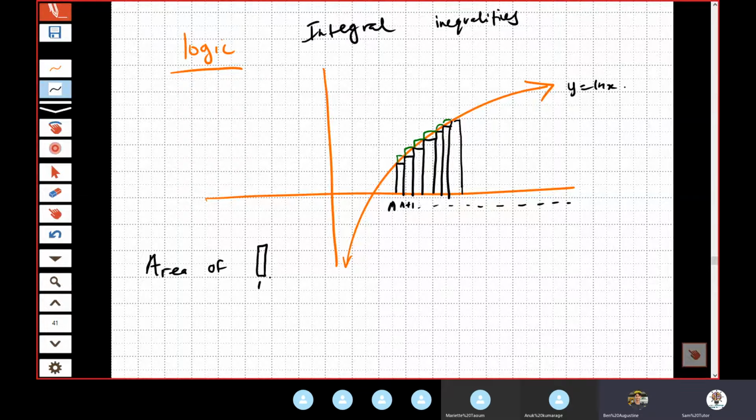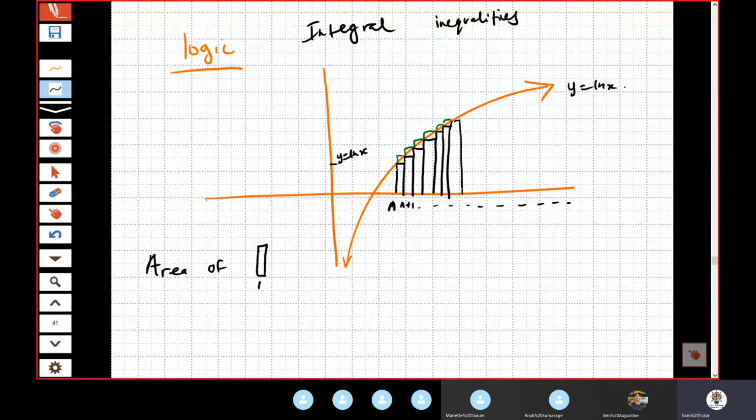How would you work out your height? Well, you guys can see that at n, your height is log, so like your y value, the y value is ln x, right?